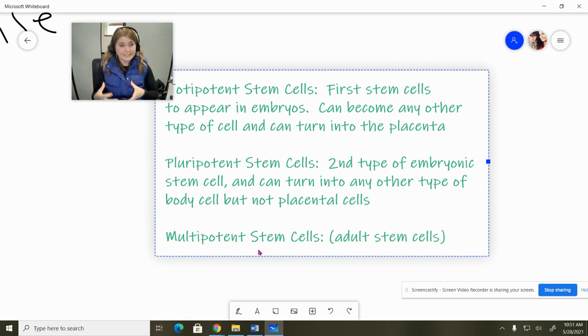But they're limited to just a different variety of bone cell. They can't become any type of cell in the body. So you've got these specific adult stem cells that are already differentiated to a degree, and they can become something else within a small range, and they occur in multiple places of your body.